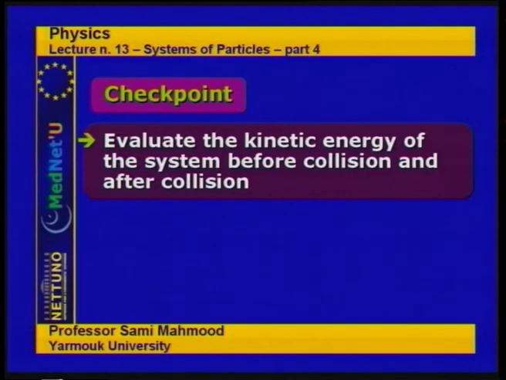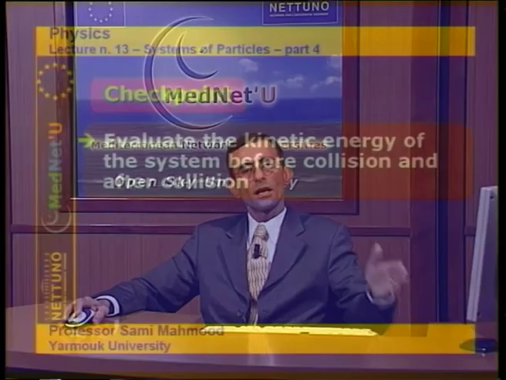As a checkpoint, just evaluate the kinetic energy of the system of two objects before collision, evaluate the kinetic energy of the system after the completely inelastic collision, and find the difference in kinetic energy between the kinetic energy after collision and before collision.